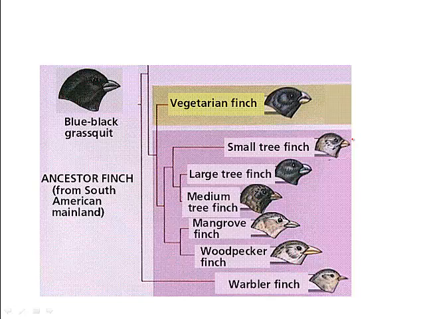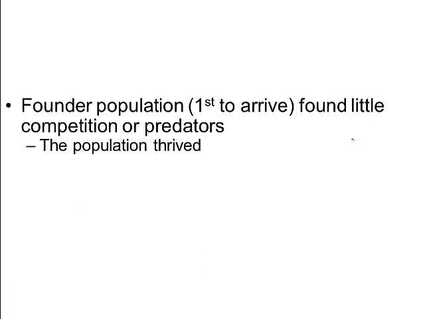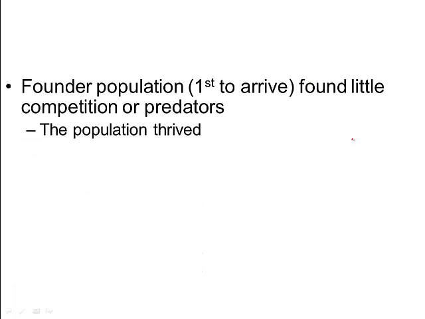Now, the reason they ended up adapting in this way is that the process of speciation happened in these steps. First of all, there was the founder population. That was the first group that arrived from the mainland and went over to the Galapagos Islands. When they got there, there were very few predators around, and there was not a lot of competition.